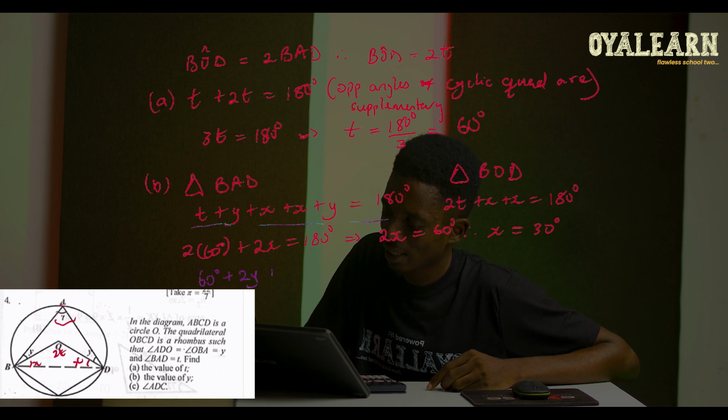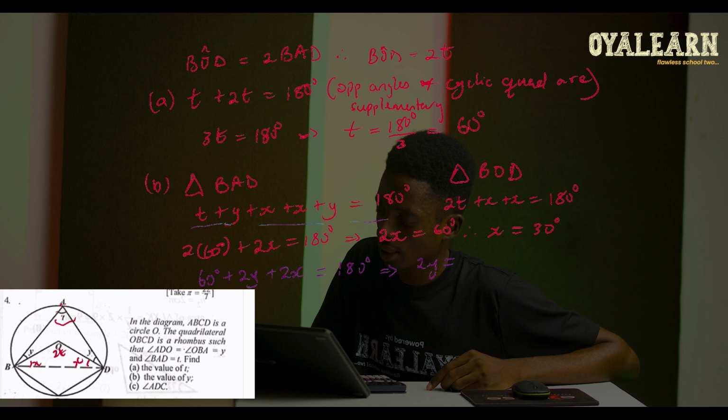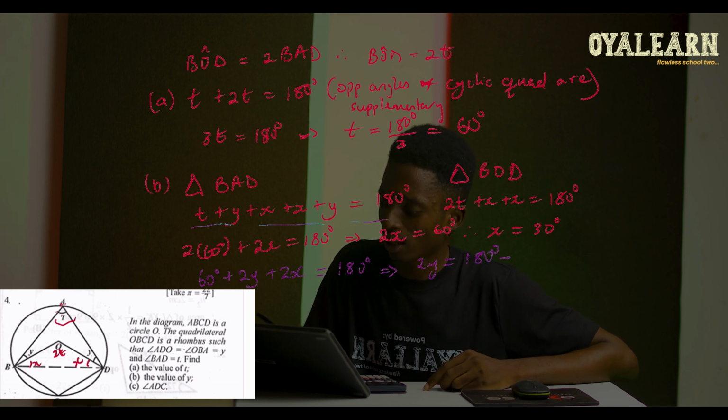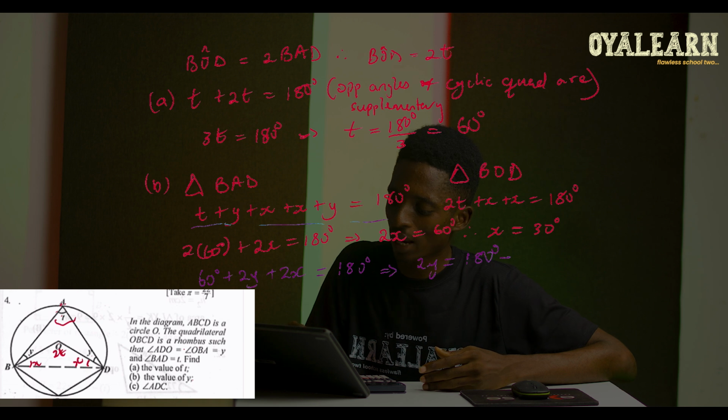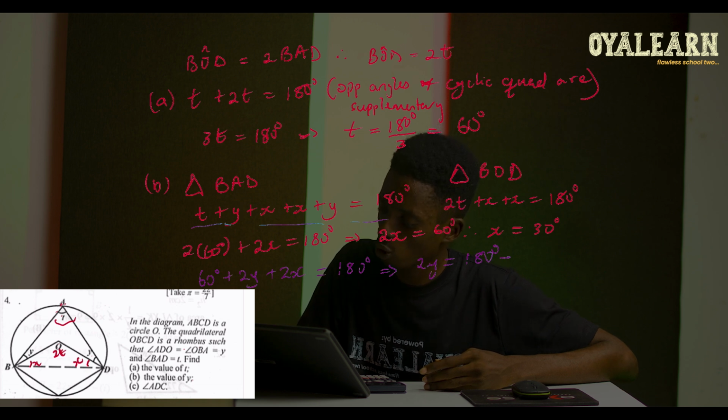Since x is 30 degrees, we can plug that in to give us 180 degrees, which implies now that 2y equals 180 degrees minus, now 2 times 30 is 60, and when we add 60 to 60, we have 120.